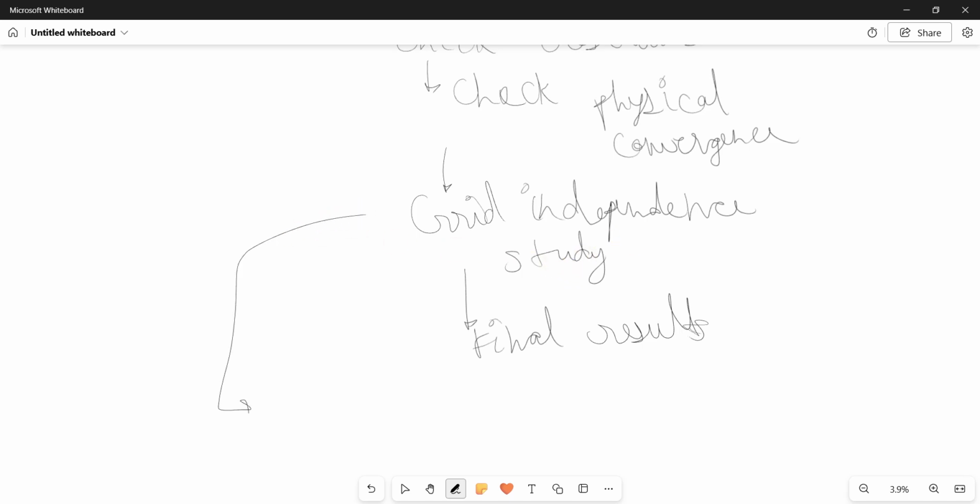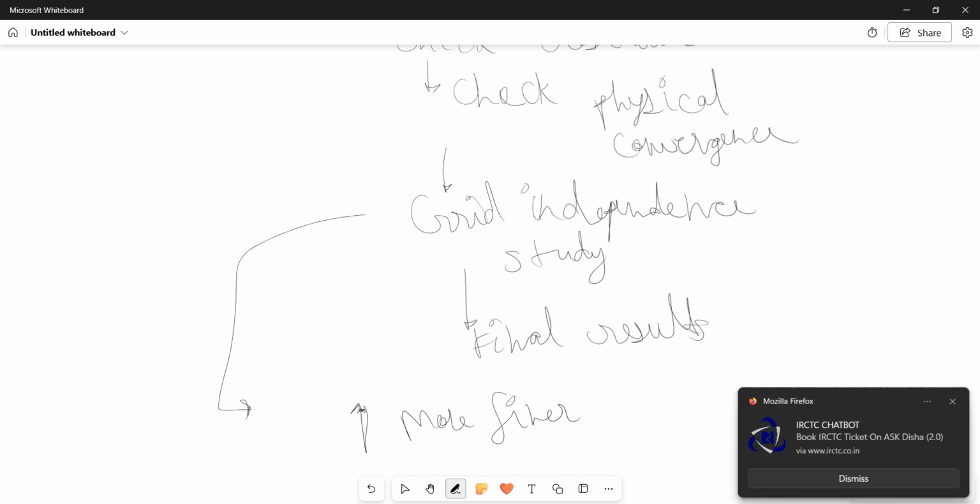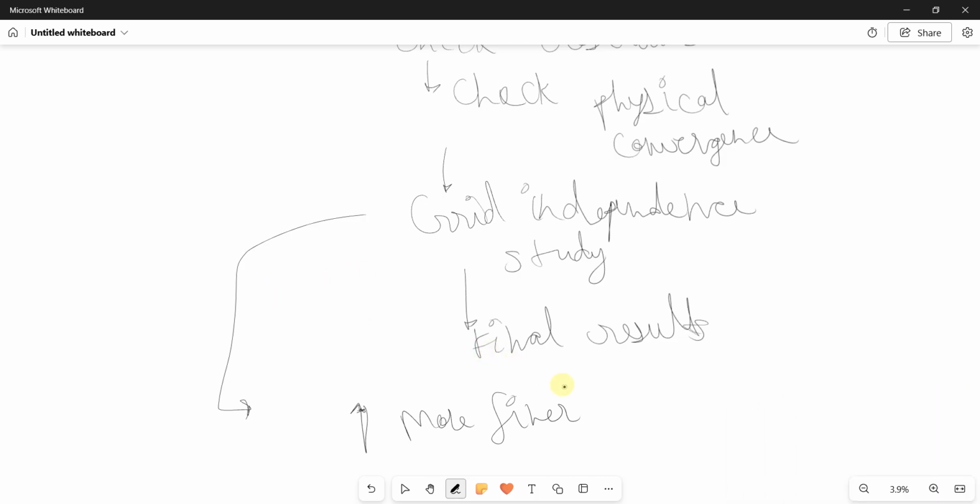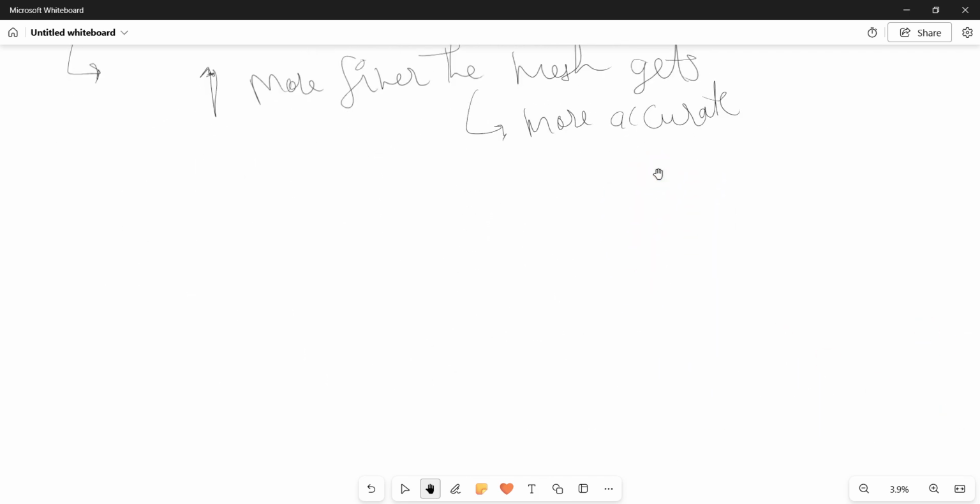This is just easy to understand. You know that the more accurate your mesh is, your answers keep getting more accurate, right? The finer the mesh gets, the more accurate results you get.